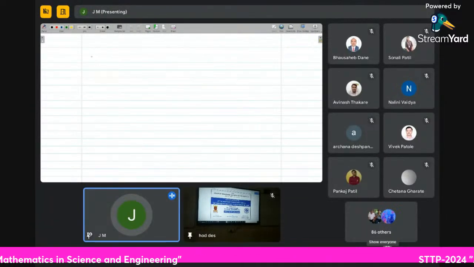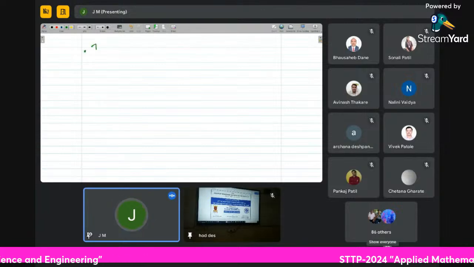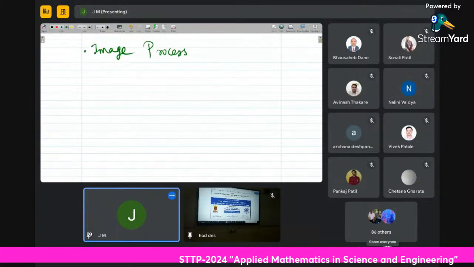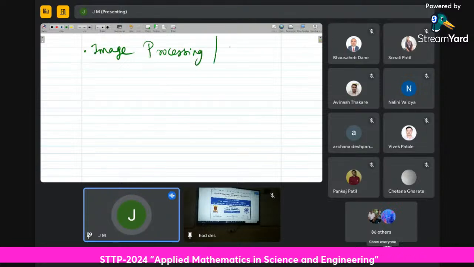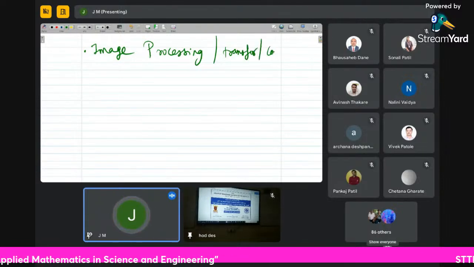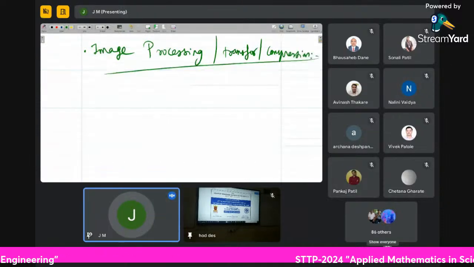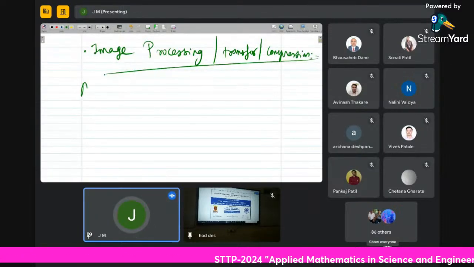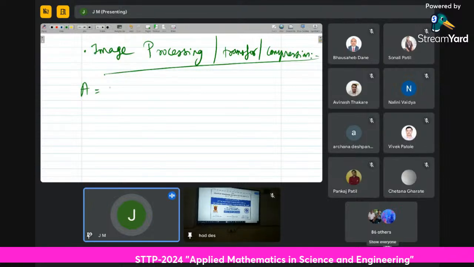Now comes image processing into the picture, or image transfer, or image compression, whatever word you like. See, this is called the decomposition of A as a sum of rank 1 matrices.